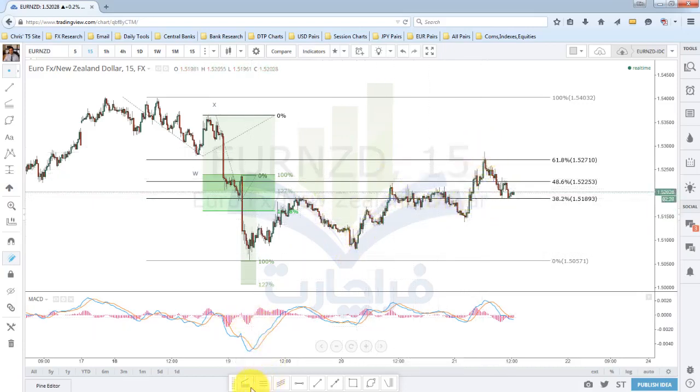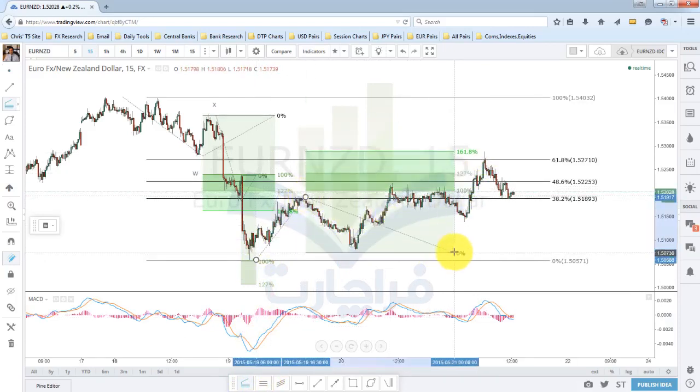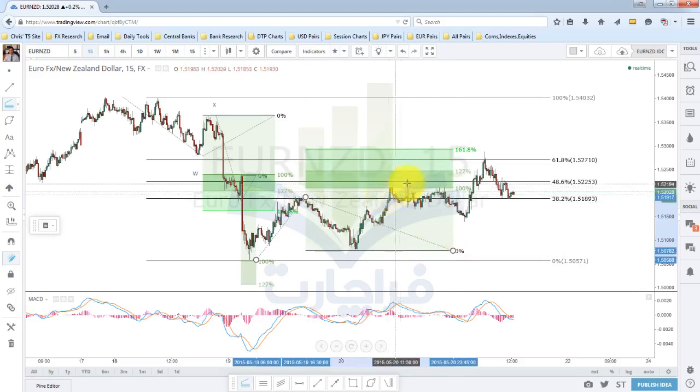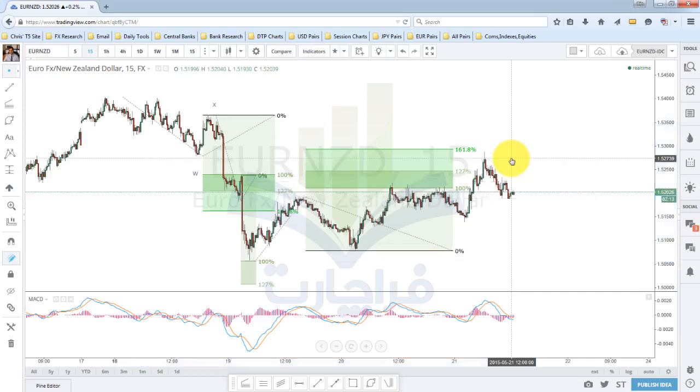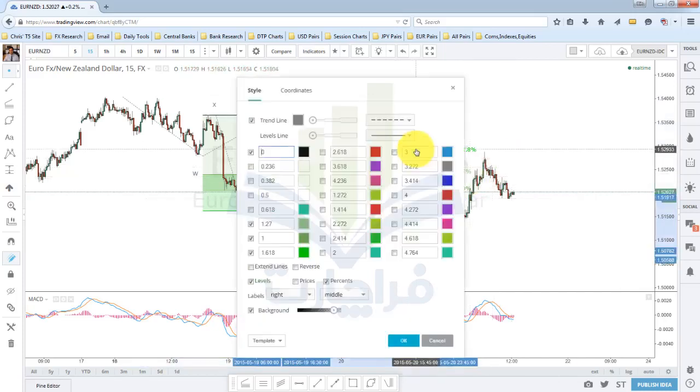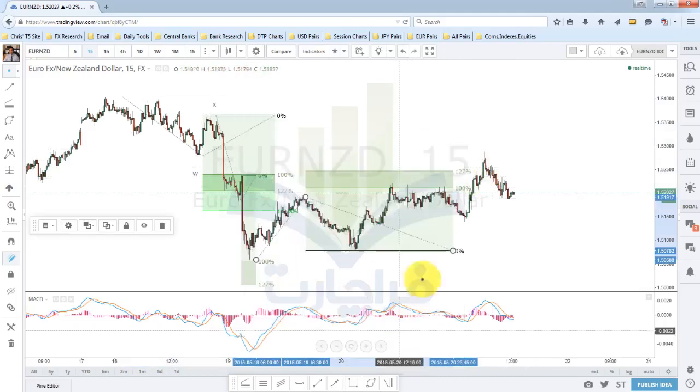And if we measure this, see how the market moved? Oops, let me get rid of some of these lines so we can actually see this. And I'm going to get rid of that 1618 for now, just so we can see this clear. Equal legs.